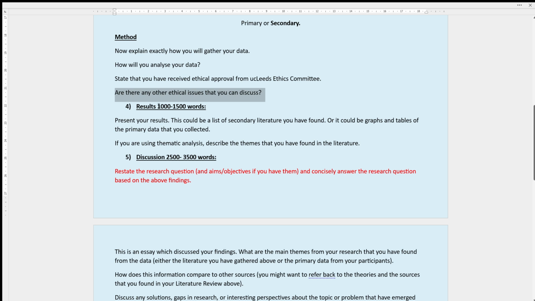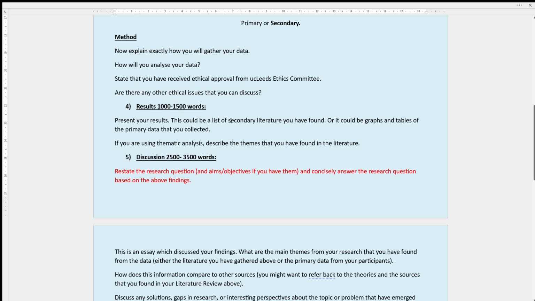The results section: 10,000 to 1,500 words, sorry, 1,000 to 1,500 words could be too much for your results section. If all your results section is presenting a few sets of graphs, this section is very, very descriptive. There's no discussion included in the results section, so it might not be that many words. That's probably the top end.